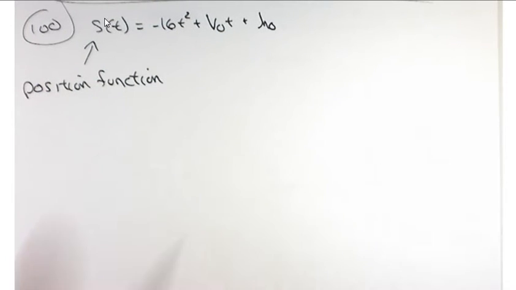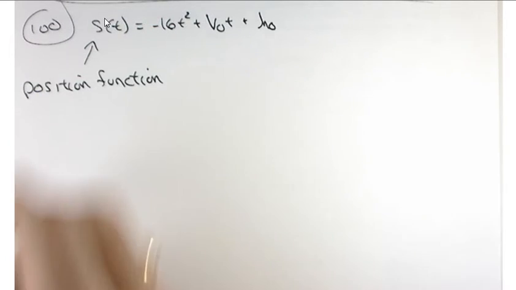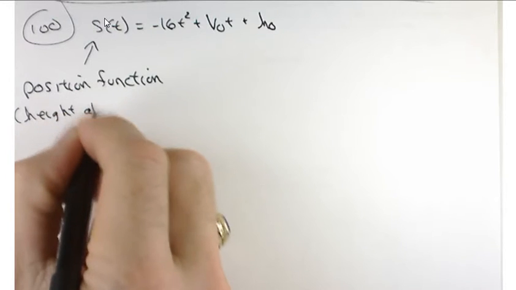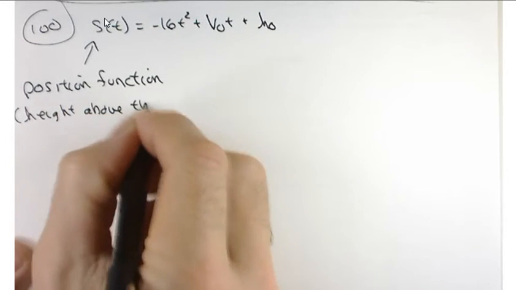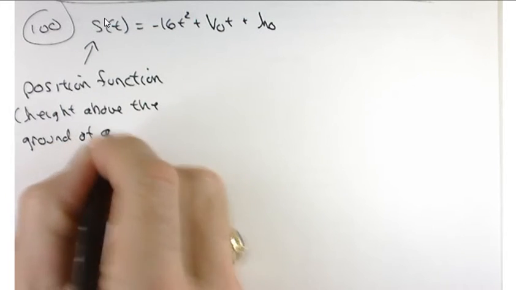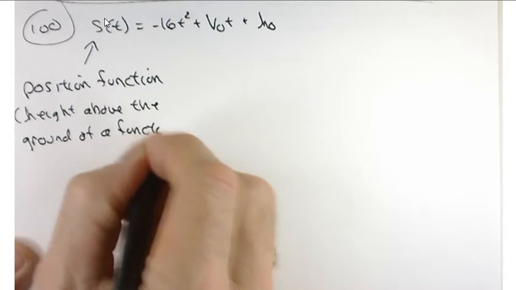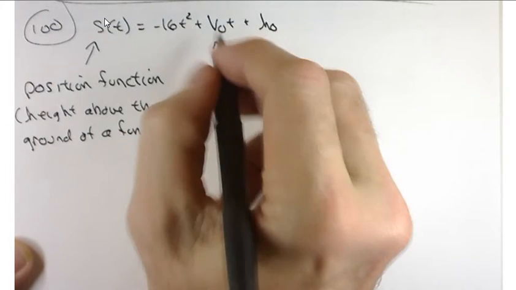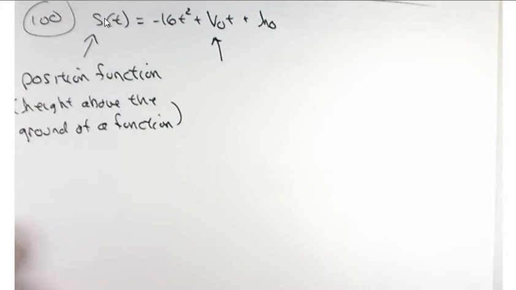It tells you how high an object is above the ground under certain conditions. So it describes the height above the ground of an object. Under what conditions? Well, I'm glad you asked.